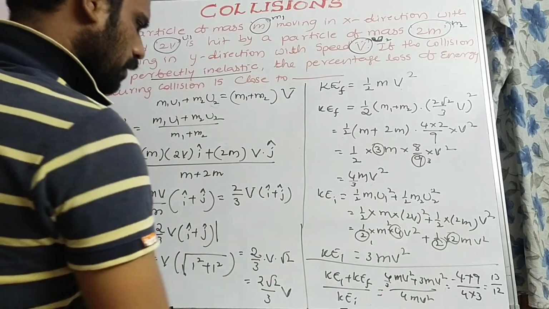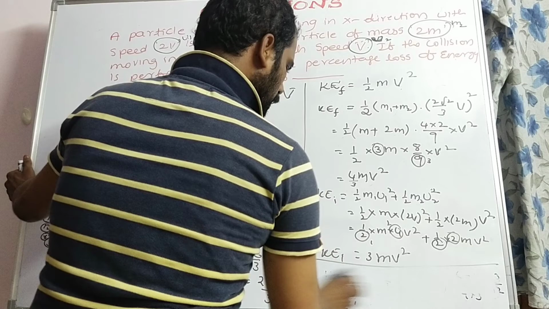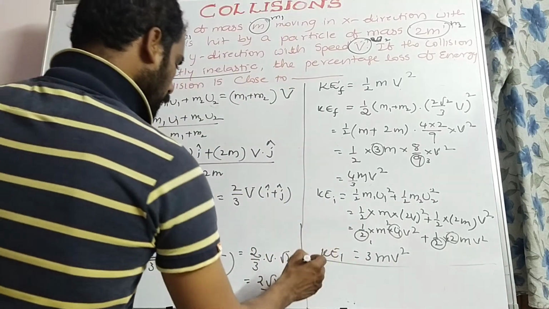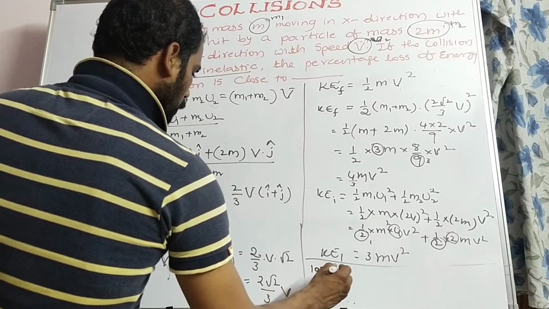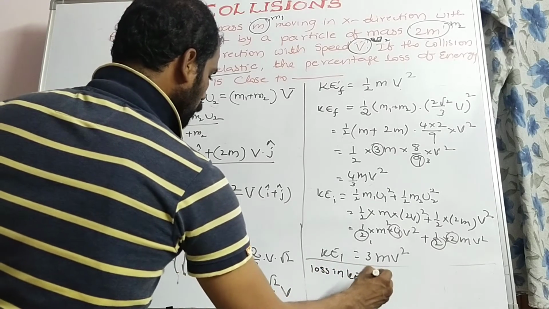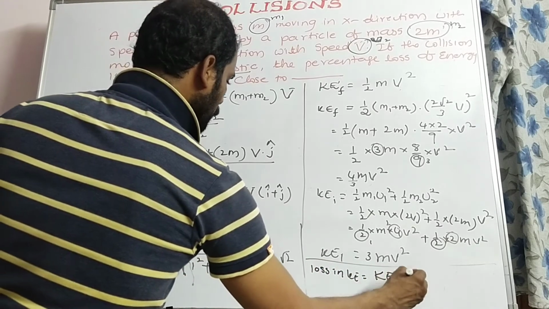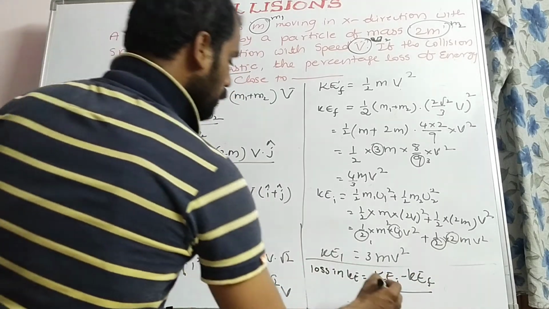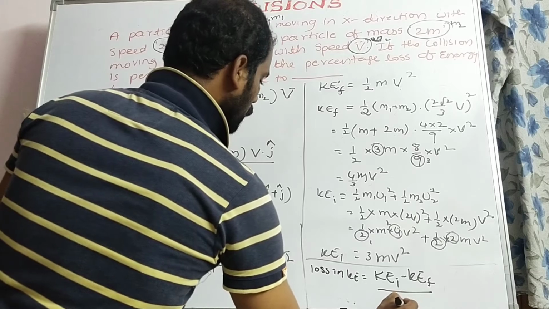So that is loss in kinetic energy we have to find. Loss in kinetic energy is equal to KE initial minus KE final by KE initial.